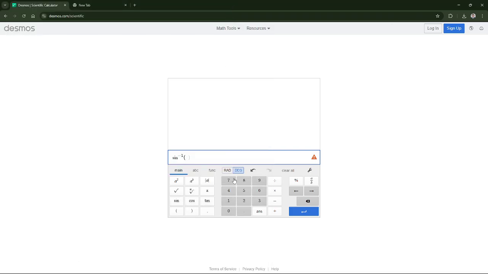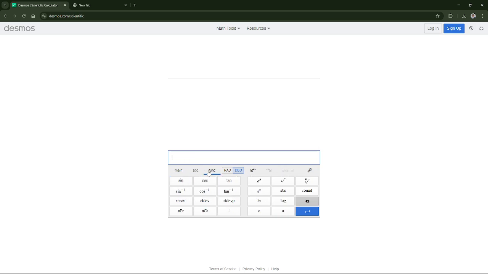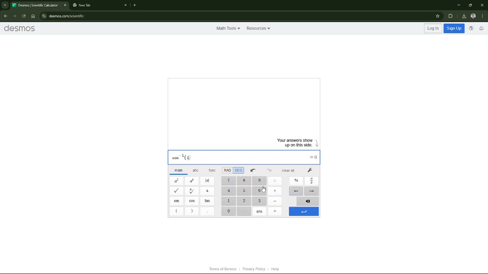Cosine inverse of 1 divided by the square root of 2. Okay. Nope. I've never used this before. All right. Equals 45.